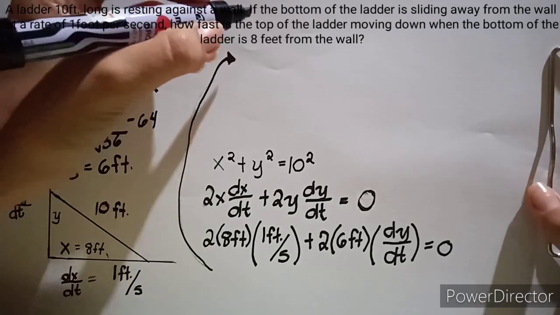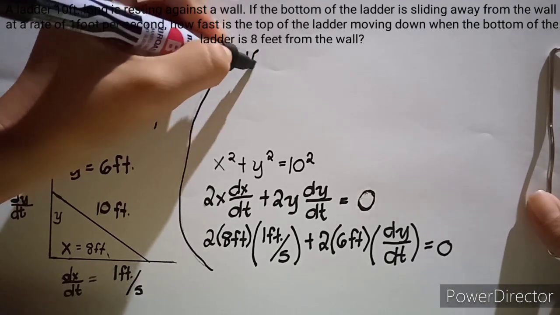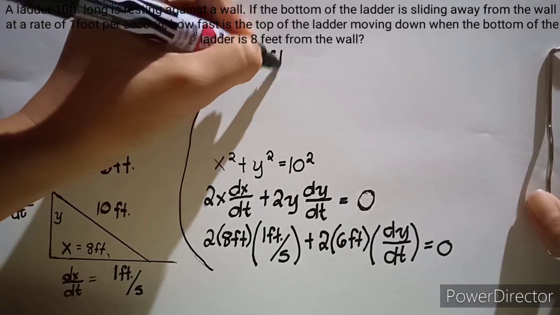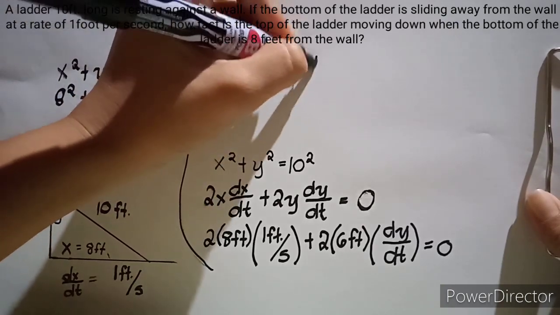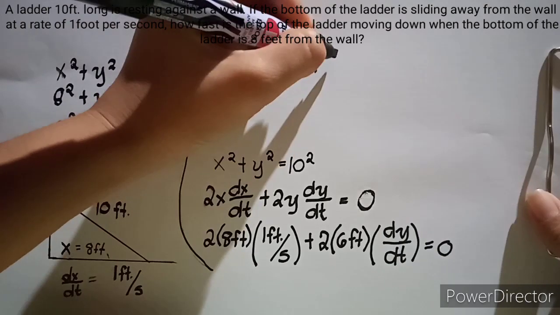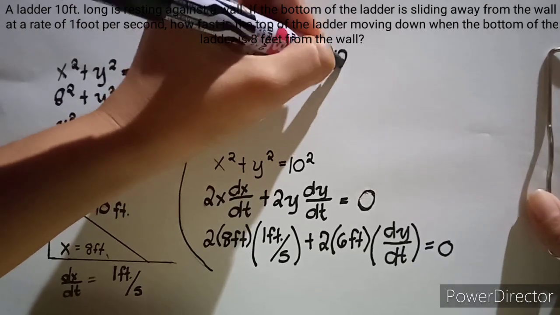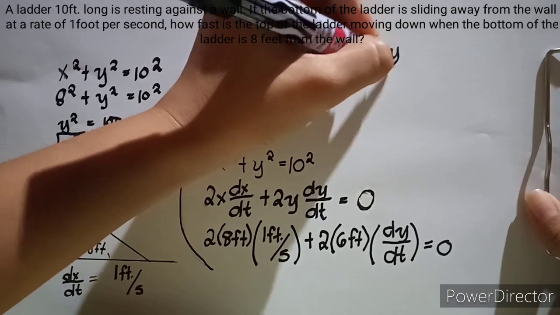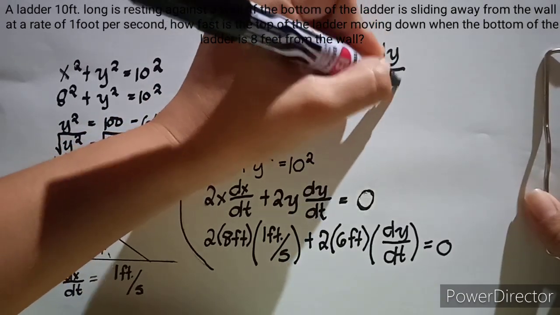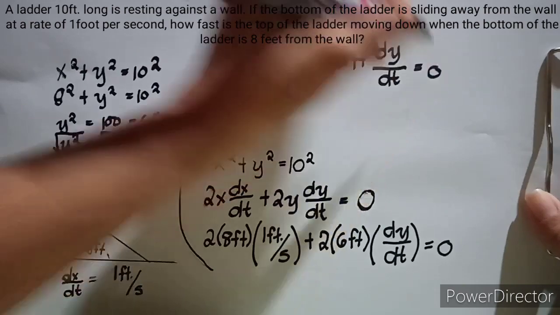Two times 8, 16 feet squared per second, plus 12 feet dy over dt equals 0.